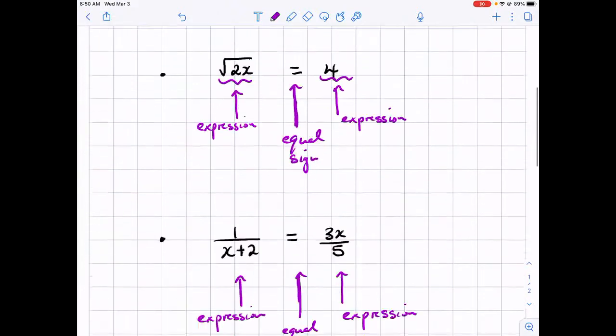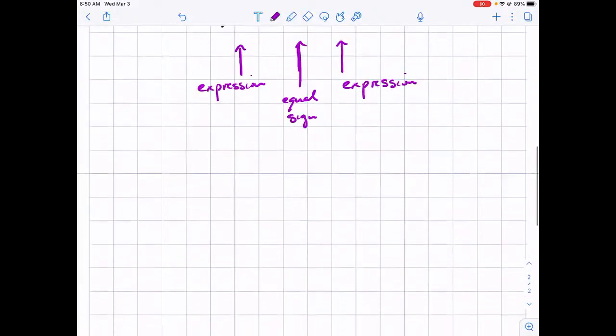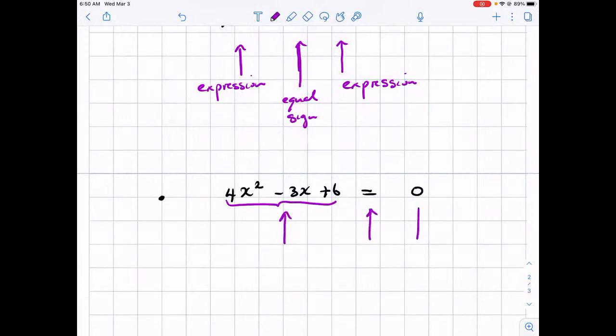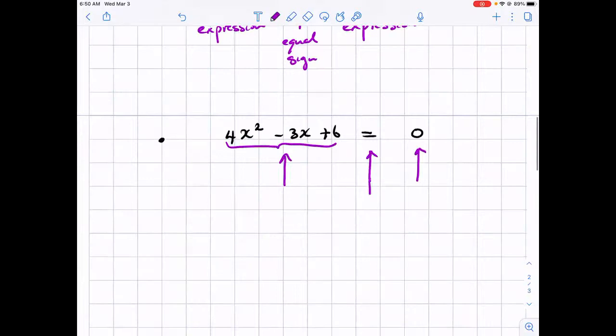Now keep in mind that we can have an example where the expression on either side of the equal sign can be 0. In this example, everything here is my expression, here is my equal sign, and here is an expression.